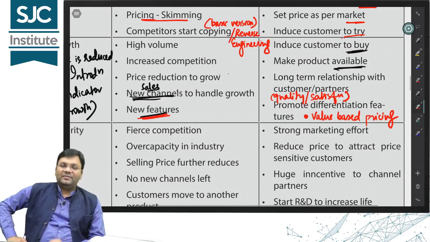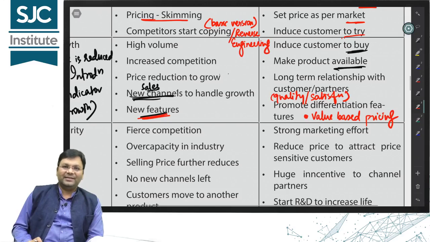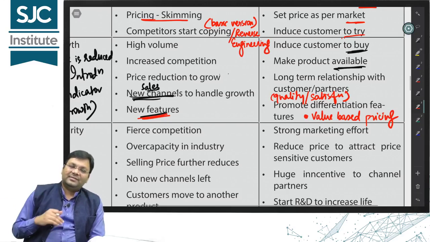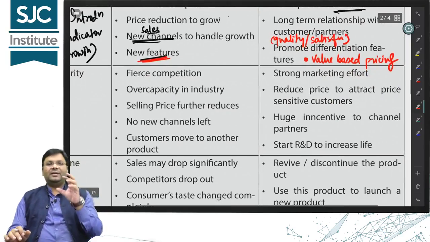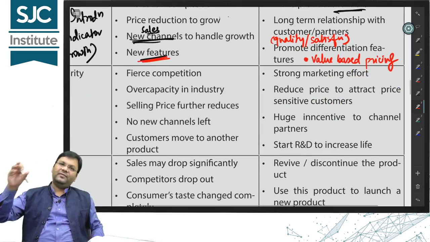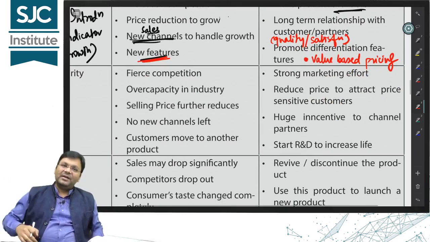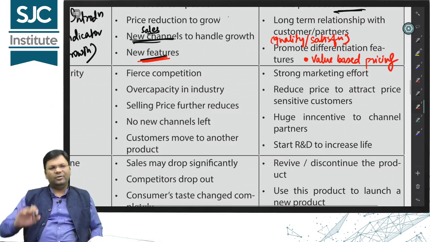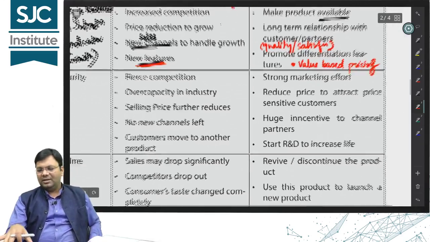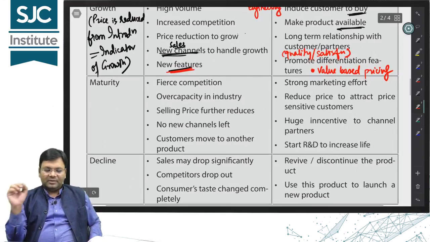So my price will be the value of the next best alternative existing in the market plus the value of the extra benefits provided by my product. That is value based pricing. We'll do it later. Don't scribble everything here, just note this much.